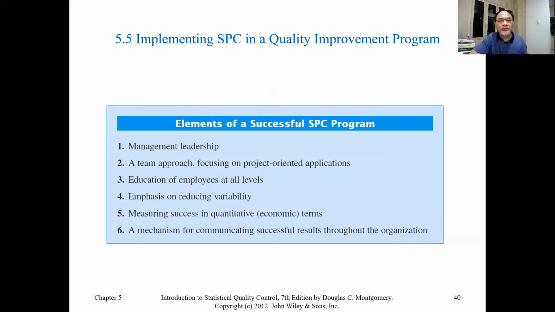So implementing SPC in a quality improvement program, the elements of a successful SPC program require management leadership, a team approach, education of employees at all levels, emphasis on reducing variability. Variability is our enemy, our culprit, because if there is variability in terms of skills of workers, then it will actually result in producing different levels of quality output at the end of the production line.